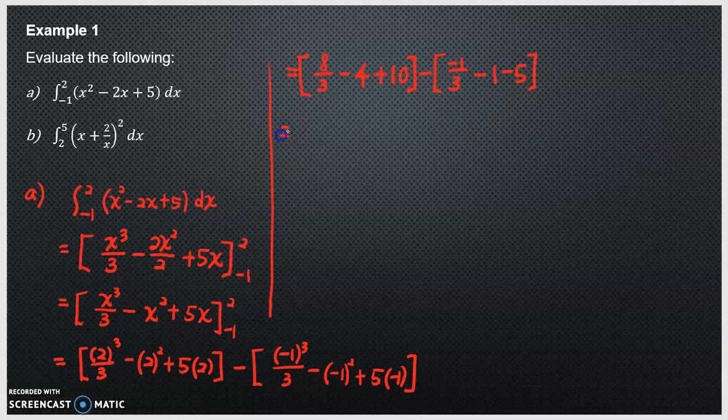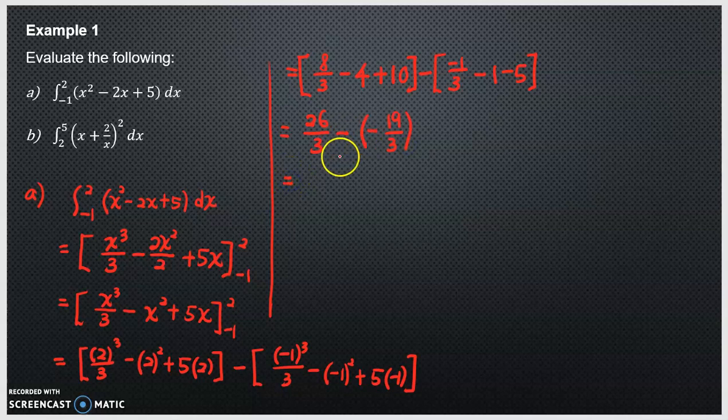We can simplify by using a calculator. 8 over 3 minus 4 plus 10, here we should have 26 over 3. Minus, -1 over 3 minus 1 minus 5, here we have minus -19 over 3.